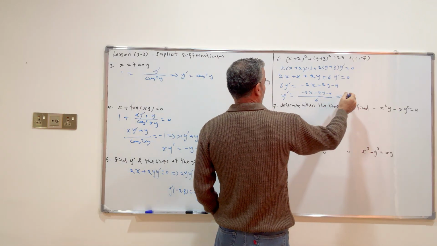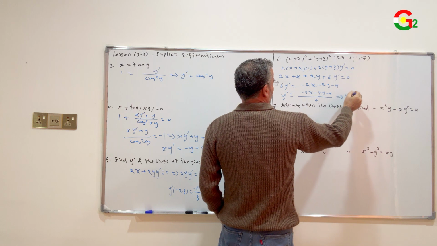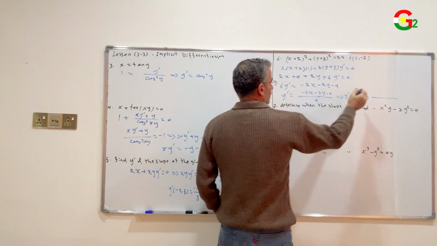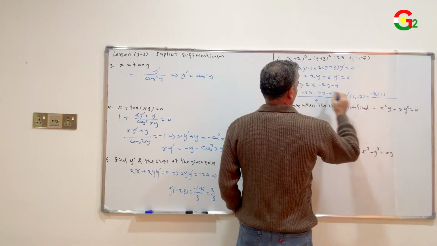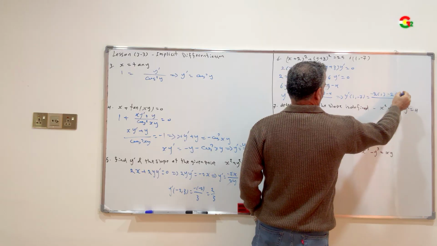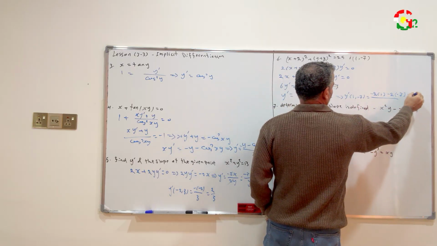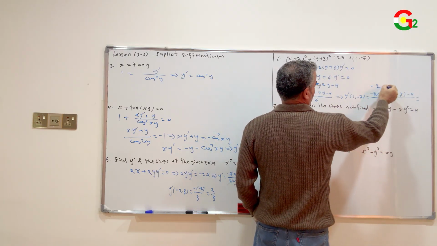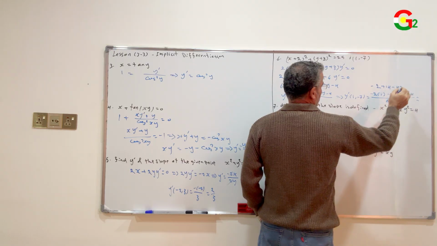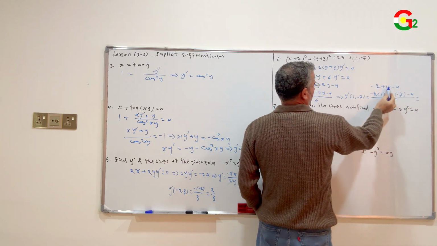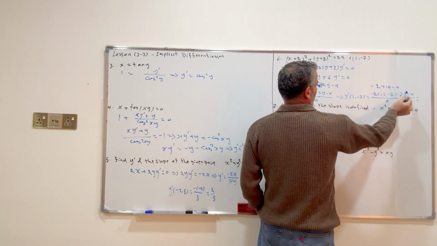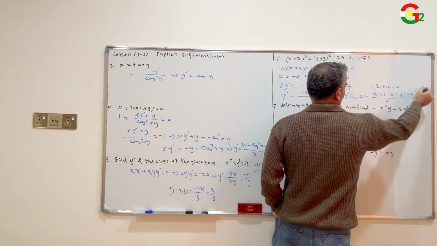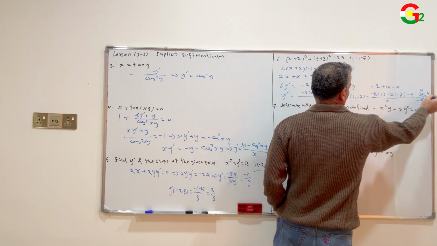At the point negative 1, negative 7: negative 2 times negative 1 minus 2 times negative 7 minus 4 over 6 equal to negative 2 plus 14 minus 4, negative 2 plus 14 is 12, 12 minus 4 is 8. 8 over 6 reduced by 2 is 4/3.